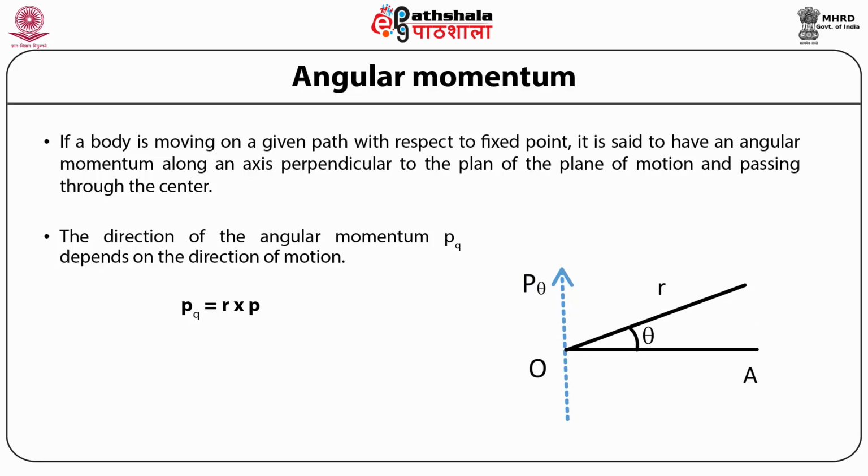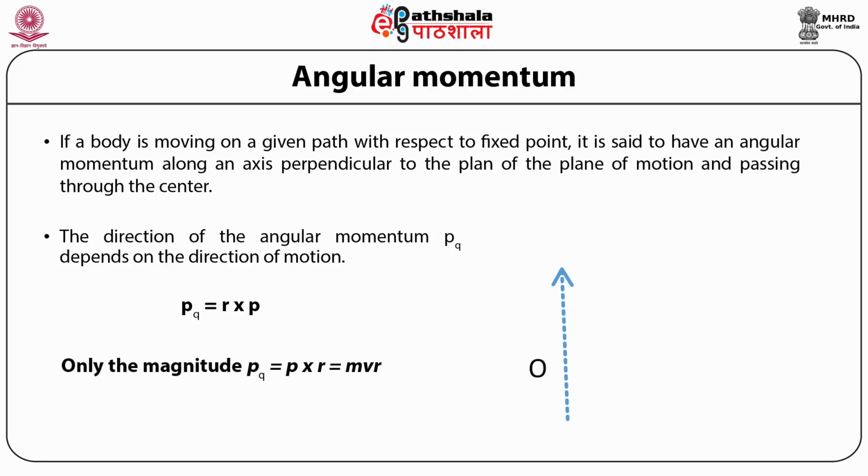So the angular momentum is obtained by the vector product between r and p, and the magnitude of this vector is simply m times v, which is the linear velocity, times r, which is the distance from the fixed point around which it is rotating or moving on a path.